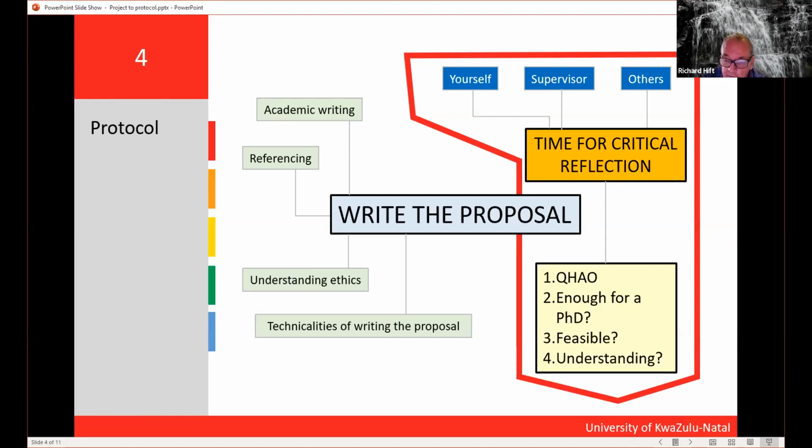It's also the right time to find out, is this work enough for a PhD? I've just reviewed a protocol recently and assisted the student to improve it, but I made the point very strongly. I am very concerned that this on its own may not be sufficient for a PhD. Colin and I like to work roughly in terms of paper manuscript equivalents.